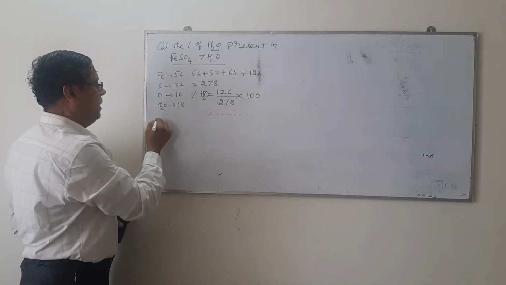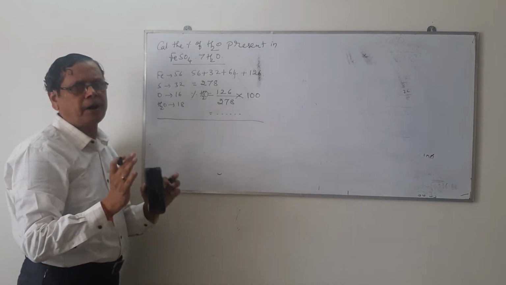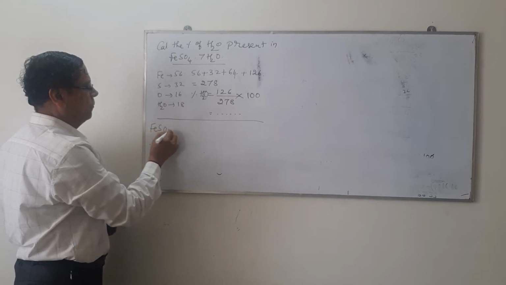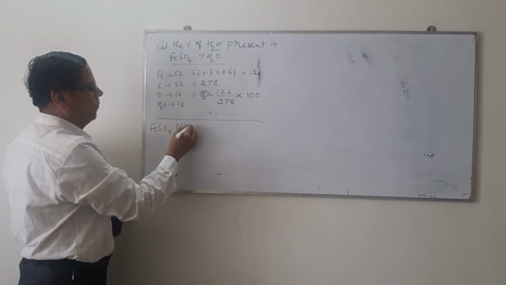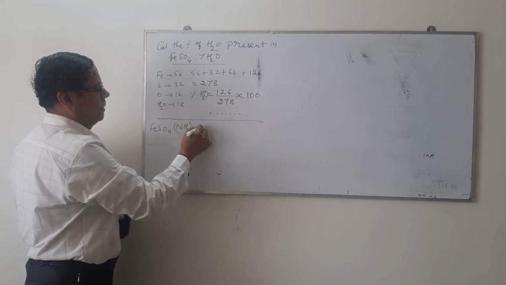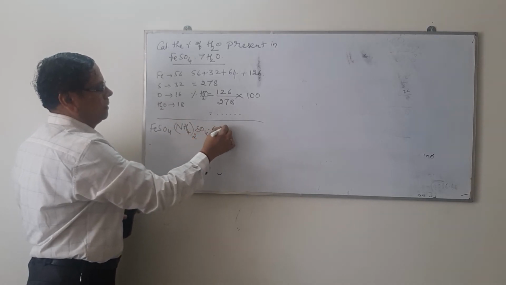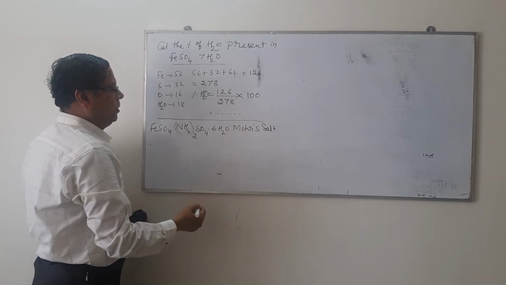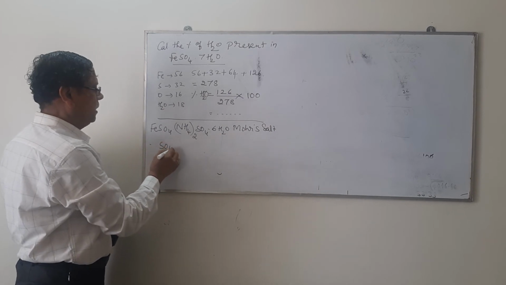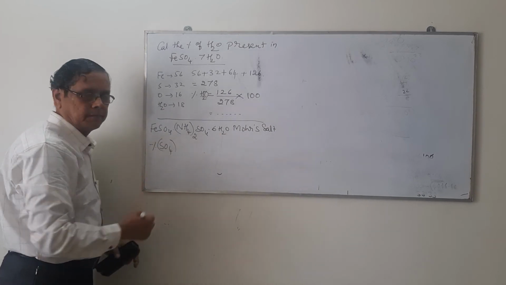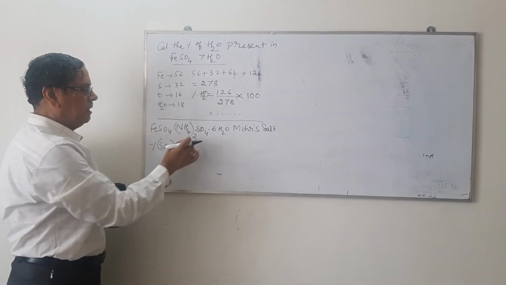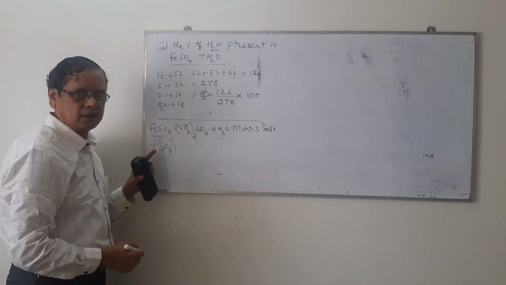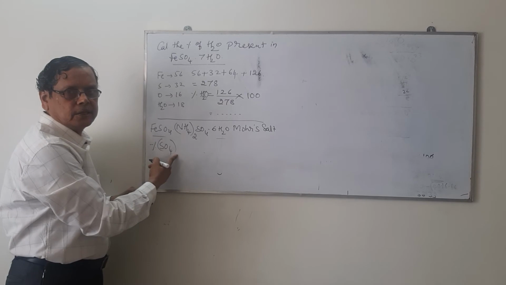Suppose you are asked to calculate the percentage of a particular part of the compound. Say for example, we have ferrous ammonium sulfate, FeSO4, (NH4)2SO4, plus 6H2O. This is named the Mohr salt. You are asked to calculate the percentage of sulfate groups present in this. So calculate the mass of this sulfate group, the total molecular mass of the compound, and take the percentage.